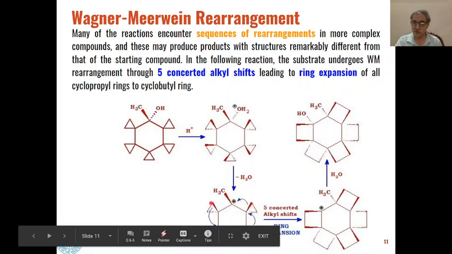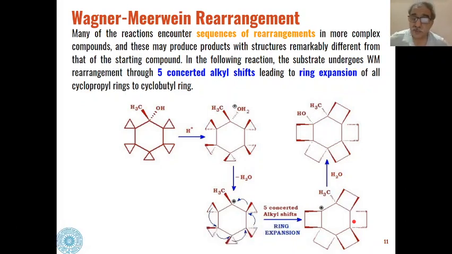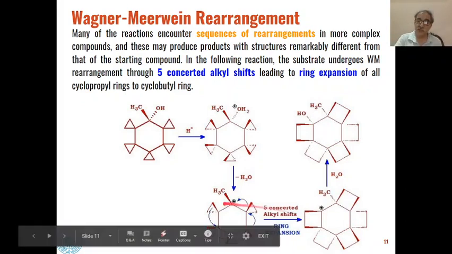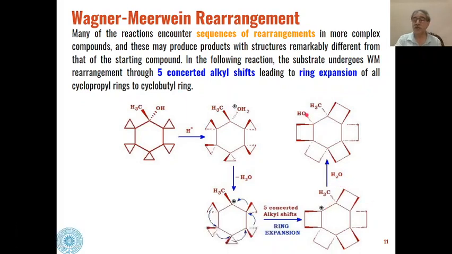This is how all the 5 will change into 4-membered rings, and the carbocation will move to the next carbon. So we will get this type of carbocation. Then this carbocation will react with water as a nucleophile, and OH will be placed at this carbon.